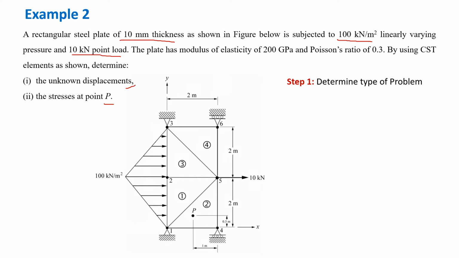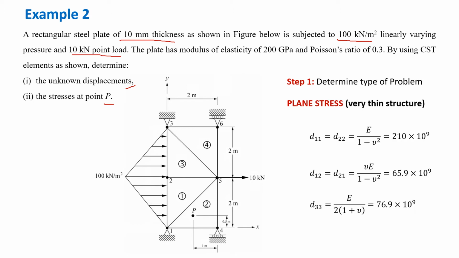Therefore, the problem that we are trying to solve is a plane stress problem because we are dealing with a very thin structure. Then, by knowing it is a plane stress problem, we can compute the values D11, D22 and so on by using the formula dedicated for plane stress as shown in this slide.